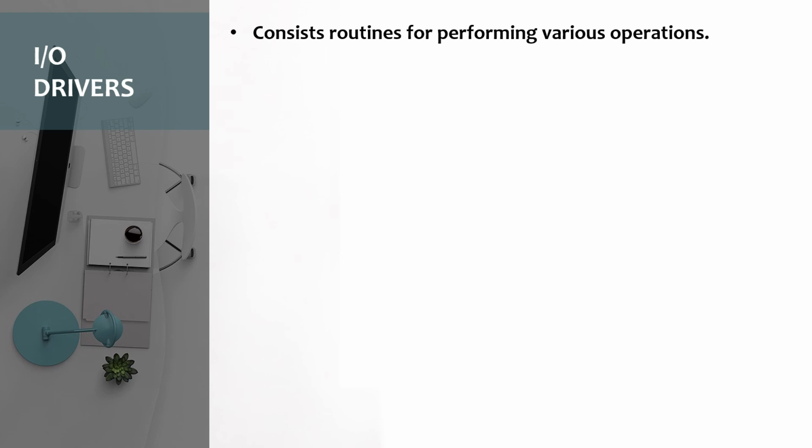So if I'm copying something, it will jump to that routine, that function, to copy that thing. Likewise, for all the various operations I perform, I have different functions, different routines, and whenever it is required, it calls it. Simple.